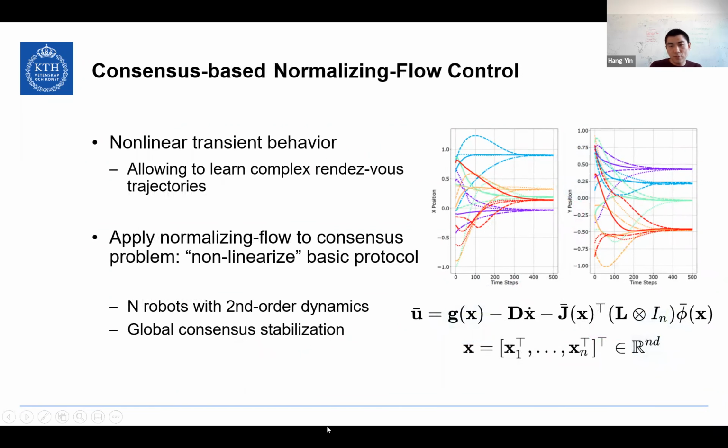You can come up with a form a little bit similar to the last work, and again it works with an arbitrary number of robots with second-order dynamical systems, and you can achieve global consensus stabilization. It means that no matter where my robots start, they always meet at a certain point. And your trajectory can be rather complex because it's parameterized by a neural network.